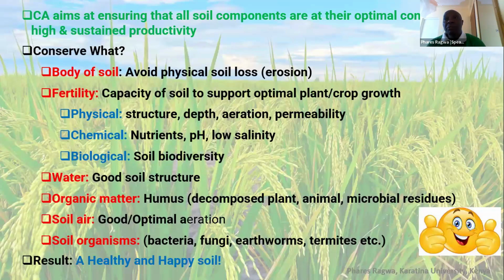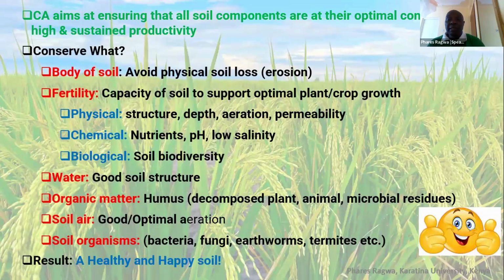Here we are talking about the nutrients, basically the chemistry of the soil, including the nutrients, the soil pH, the salinity levels, etc. And then, very important, we have the biological aspect of fertility, and this means sustaining the soil biodiversity. Those organisms that we said are resident in the soil play very important roles. We need to conserve those because of their importance.